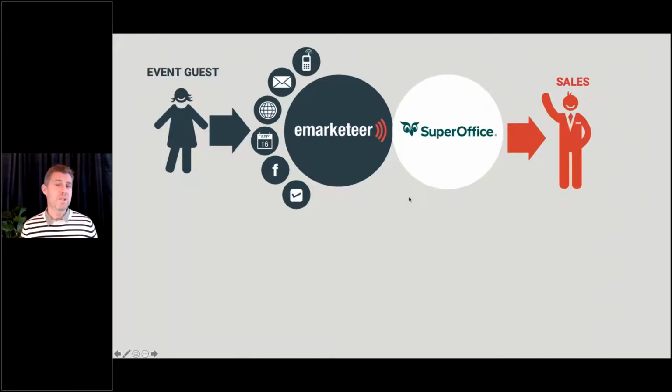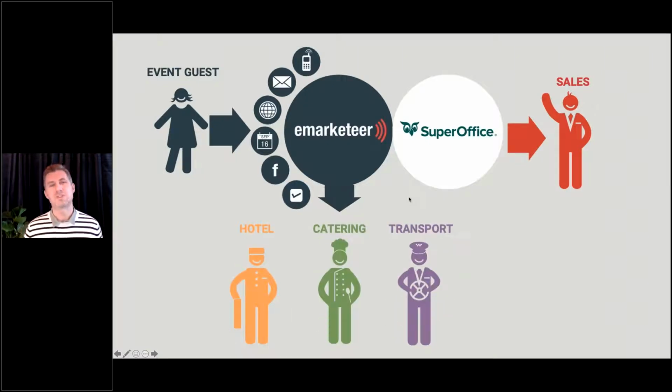And when we look at physical events, typically you rely on a lot of external partners as well. Maybe you have hotel partners, catering partners, transport and logistic partners, event venue partners, people that need information about your event, like how many people are going, how many vegetarians are joining the dinner, and so on. And you want to make sure that it's easy for you to share data to external partners without giving them access to eMarketeer or to your CRM, and without you needing to play email ping pong back and forth with Excel files all the time.